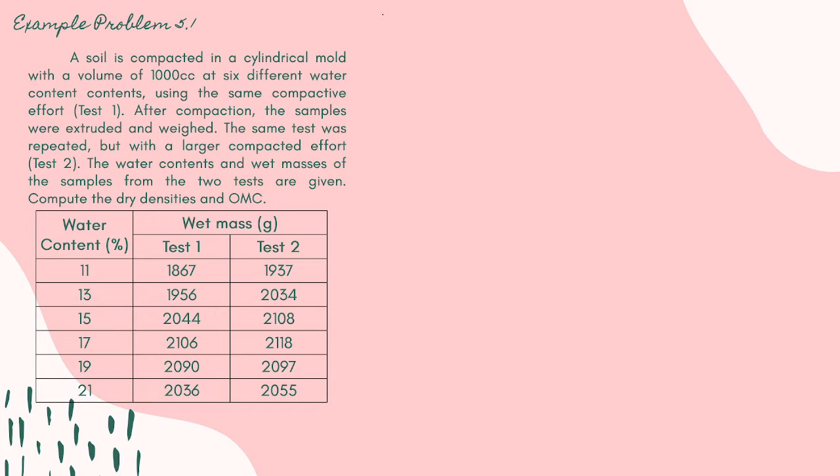We are asked to solve for the dry densities and the optimum moisture content for each test. We can use the formula: rho dry, or the dry density, is equal to the wet mass all over the volume times 1 plus the moisture content.